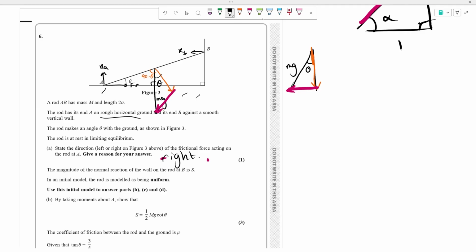Using SOHCAHTOA, this purple force is opposite, and the orange force is adjacent. Sine of theta is equal to opposite over hypotenuse, where the hypotenuse is mg. Therefore, the purple force is mg sine theta, and the orange force is mg cos theta.